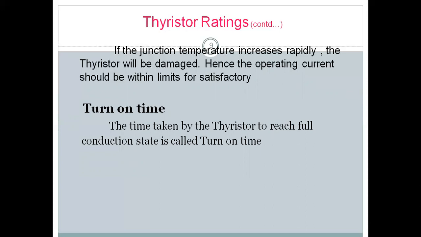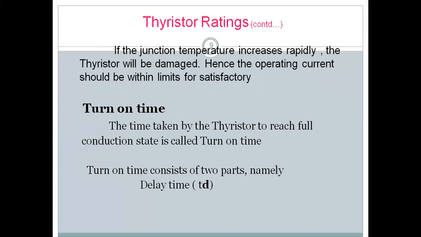The time taken by the thyristor to reach the full conduction state is called turn on time. Turn on time consists of two parts, namely delay time Td and rise time Tr. Delay time covers up to 50% and the remaining part up to 90% is rise time.